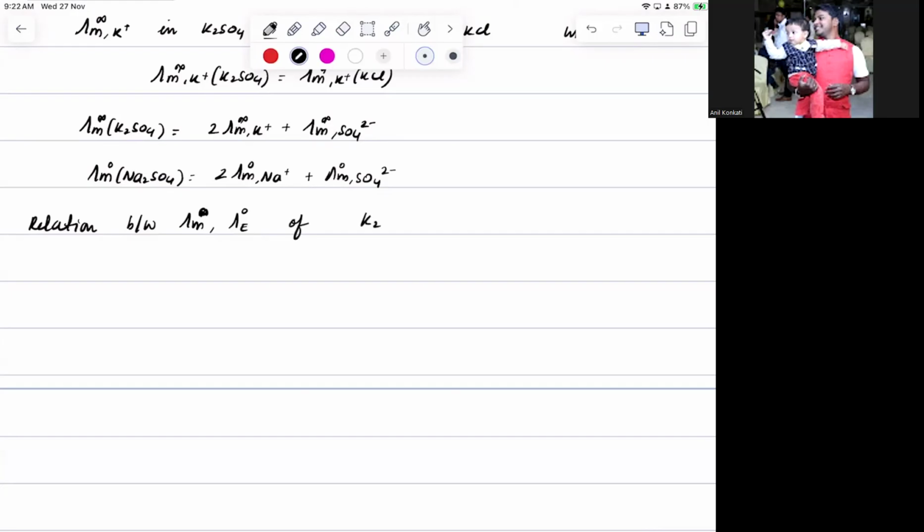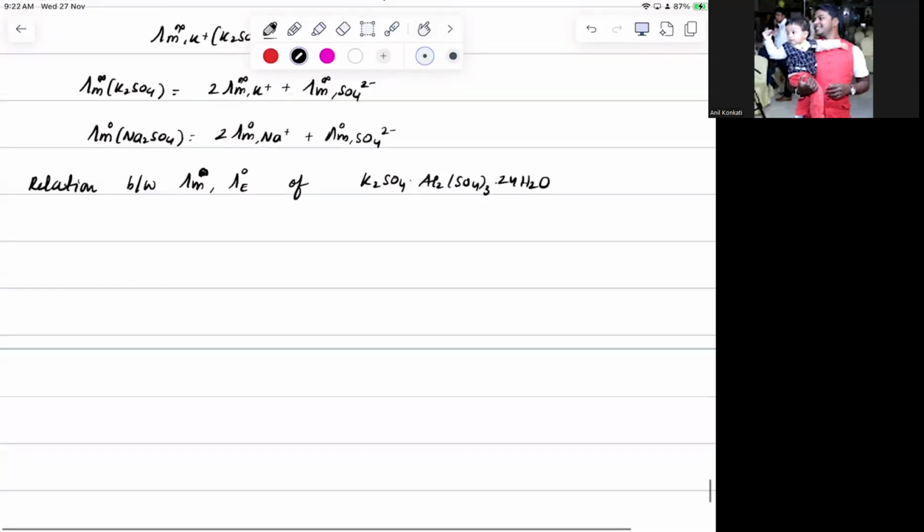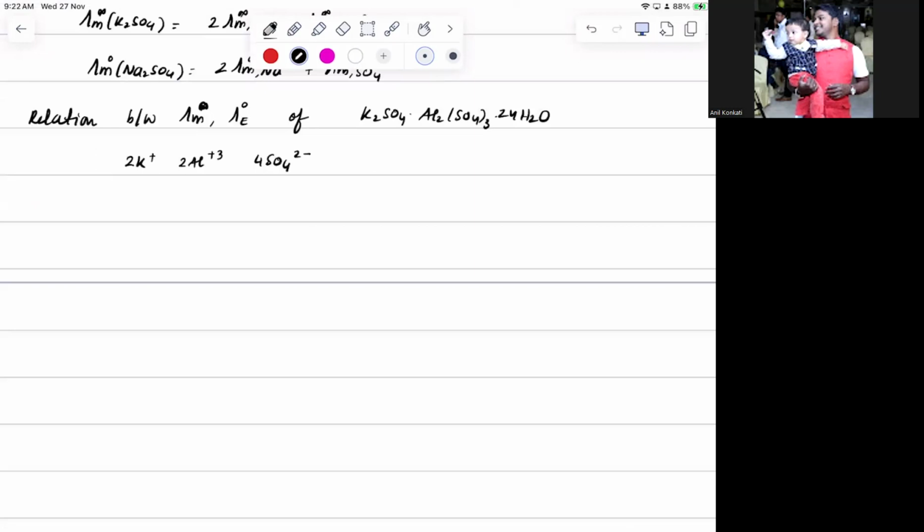For example, let us take K2SO4.Al2(SO4)3.24H2O. This is potash alum. What all ions can it give? It will give 2 moles of K plus, 2 moles of Al 3 plus, and 4 moles of SO4 2 minus. And the valency factor is 8 here.